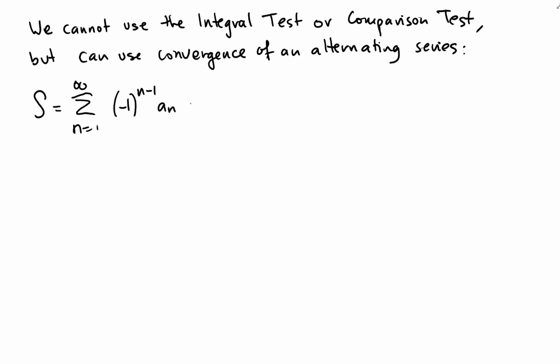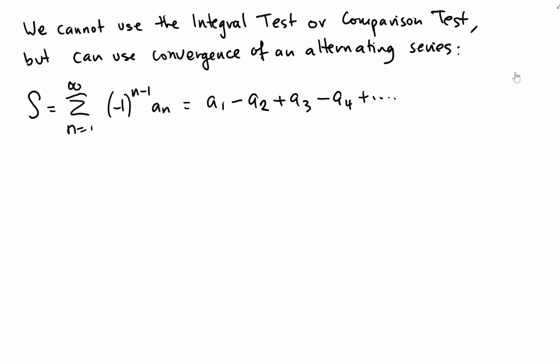If we get a positive term, take away a negative term, plus a positive term, take away a negative term, this will converge still if the limit as n goes to infinity of the individual terms approaches 0. And this is known as the Leibniz test for alternating series.